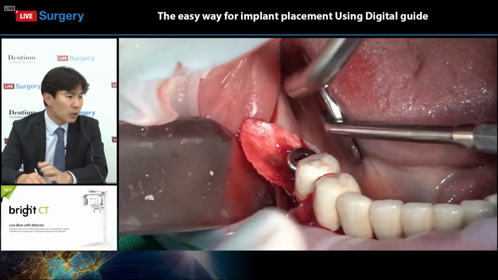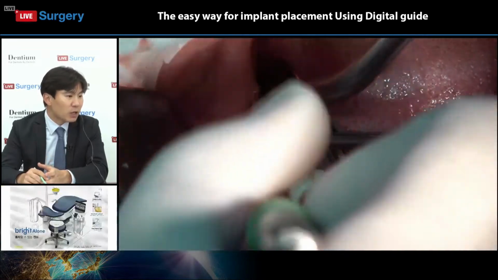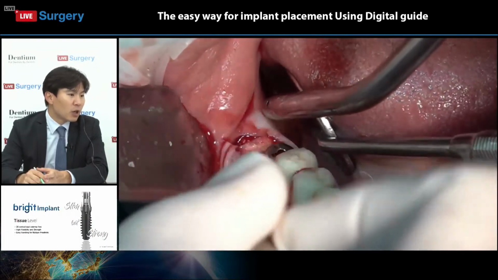And the material should be placed crestally. That's why he pushes the material toward the healing abutment.